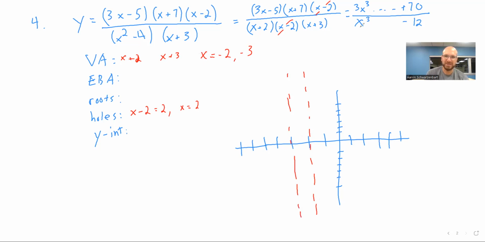My end behavior asymptote. I circle 3x cubed over x cubed gives me 3. So y equals 3. I'll plot that on my graph.